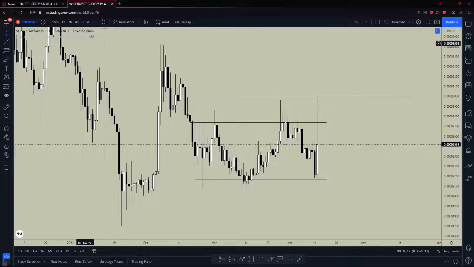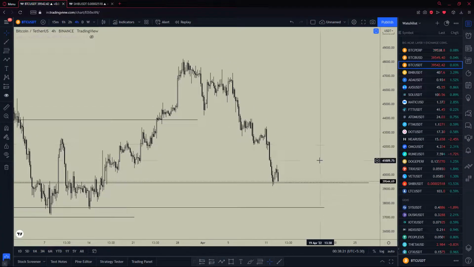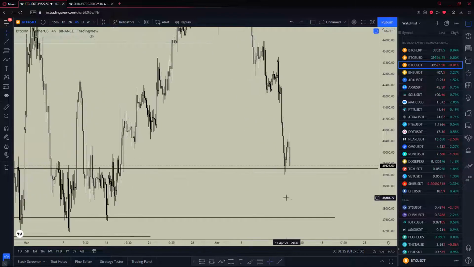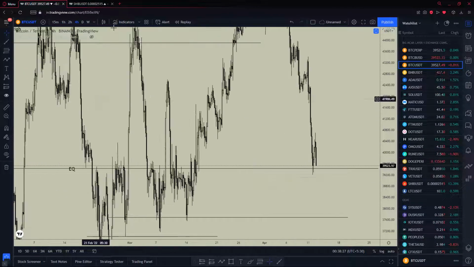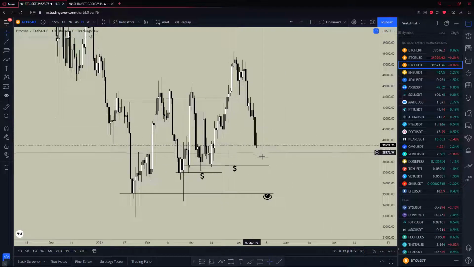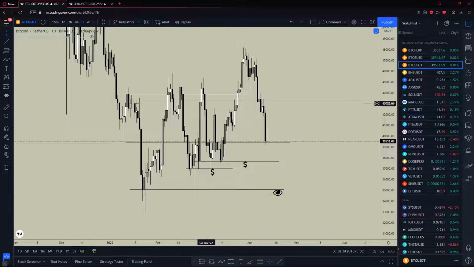Okay, but right now Bitcoin is bearish. As you can see, it's coming down, reacted to this EQ, but it will not hold in my opinion, right? It'll go down to 37k and 35k as well. Liquidity, right? As I've already talked to you about, any candle close below this, it will come down.